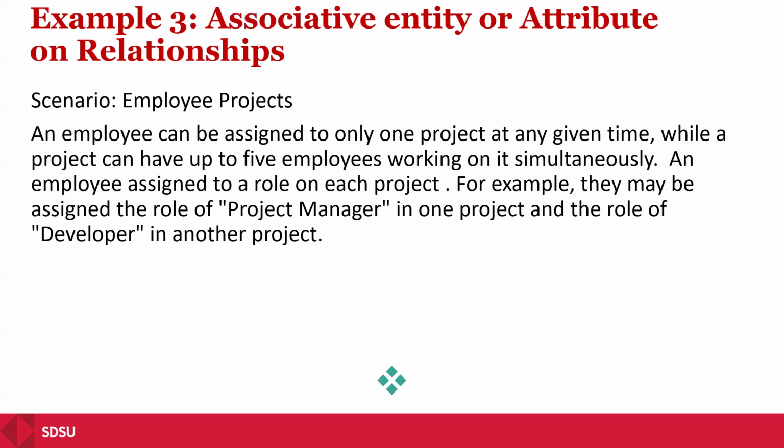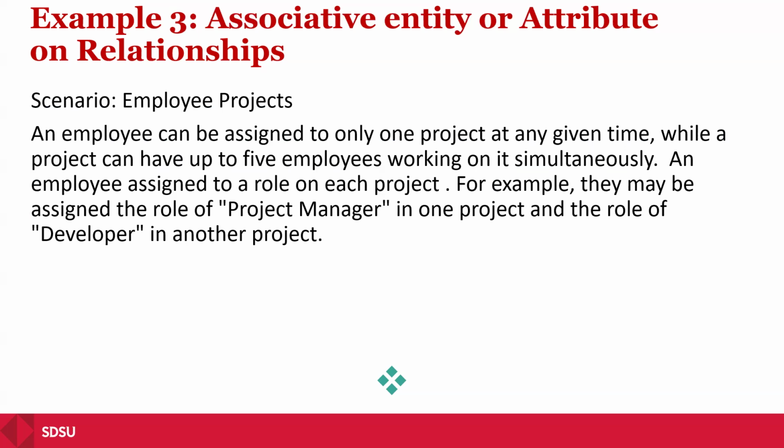Here, an employee can be assigned to one project at a time, and a project can have multiple employees. So it's a one-to-many relationship, so it already doesn't satisfy the first criterion for an associative entity, where we must have many-to-many.